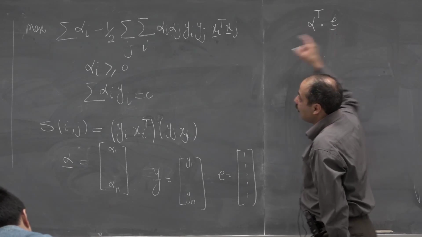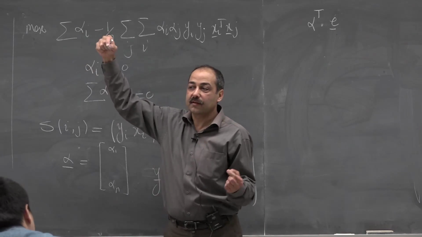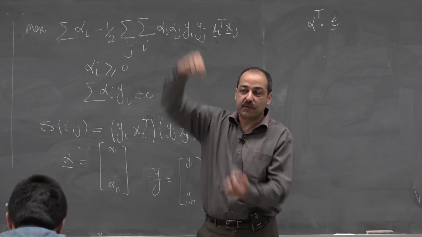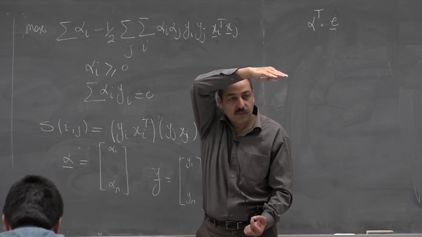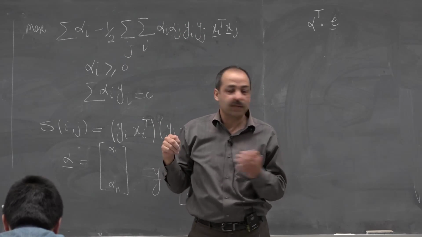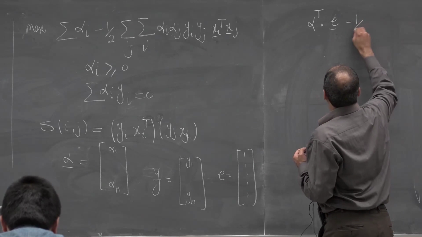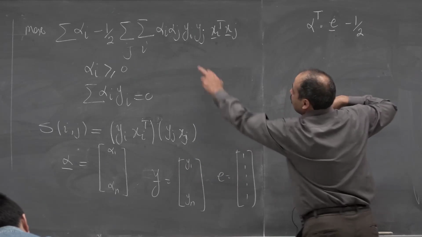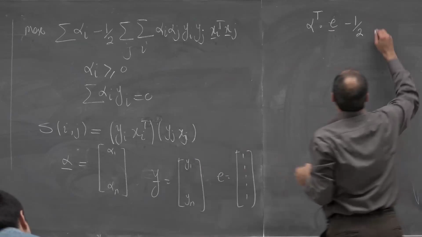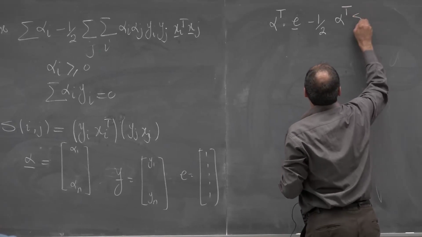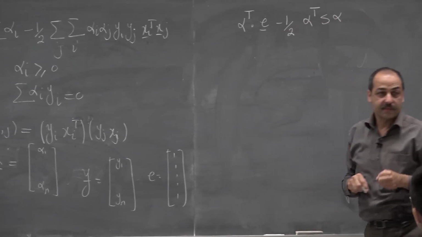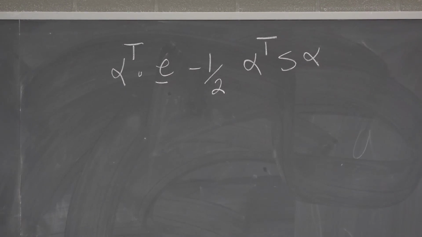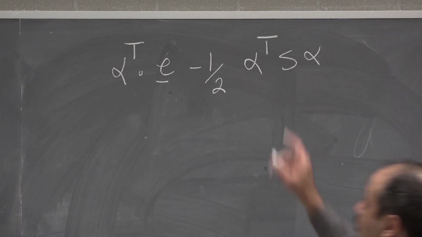So E transpose alpha is the summation of alpha, since you just sum all of the elements. Then minus 1/2 alpha transpose S alpha, which is just a quadratic form.